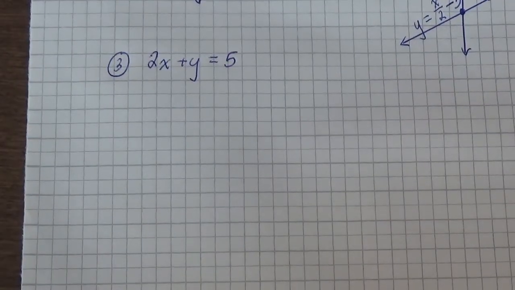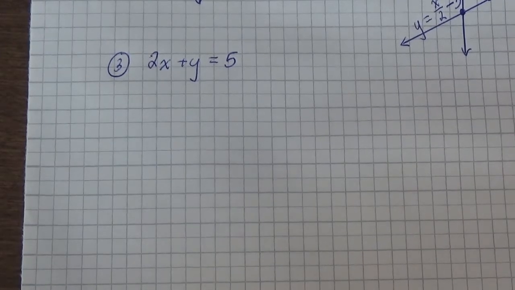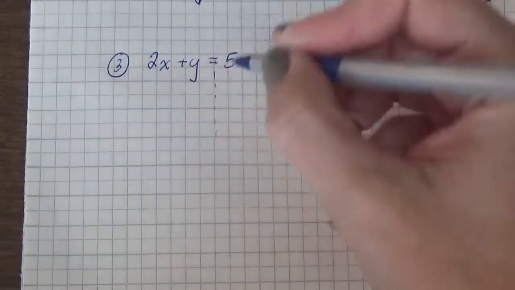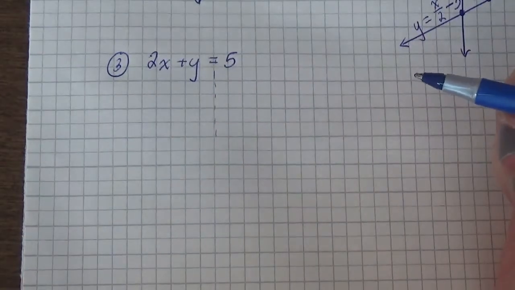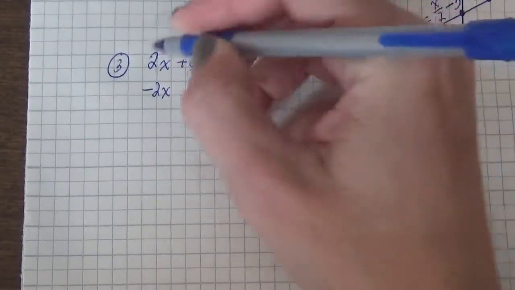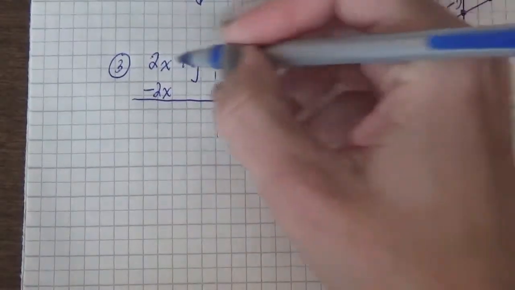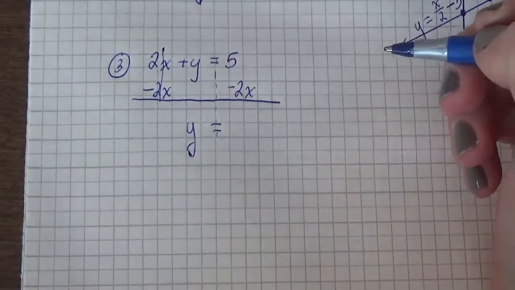So before you figure out the slope and the y-intercept, you have to change it around so that we have just y equals. We did this before. Let's see if it comes back to you. So to get y by itself, I'm going to get rid of this 2x. So I'm going to subtract the 2x from both sides. Here it's gone, and I have y equals, that's what I wanted.